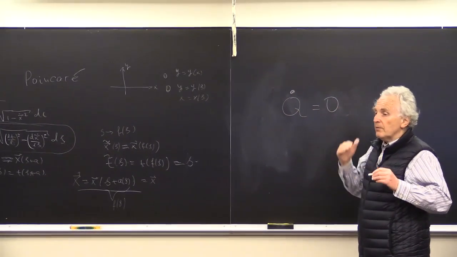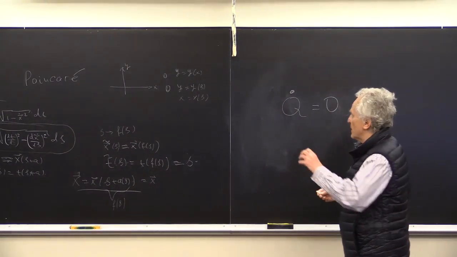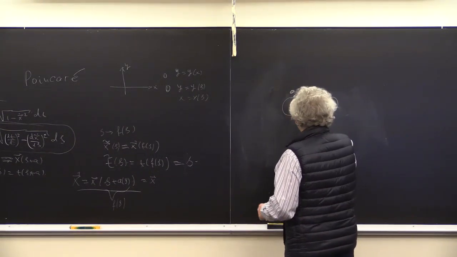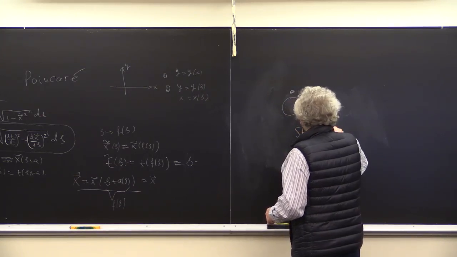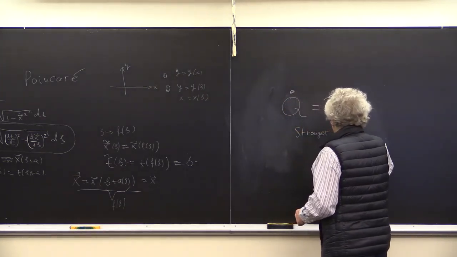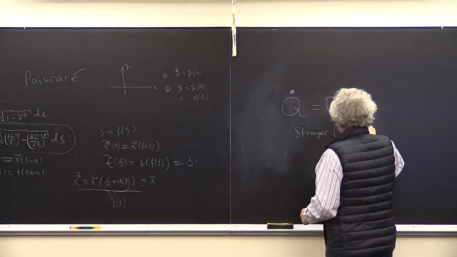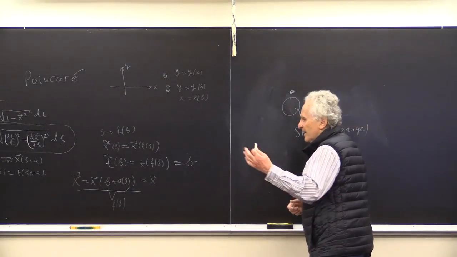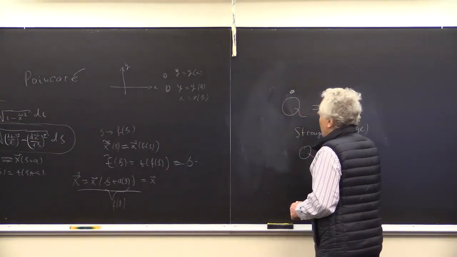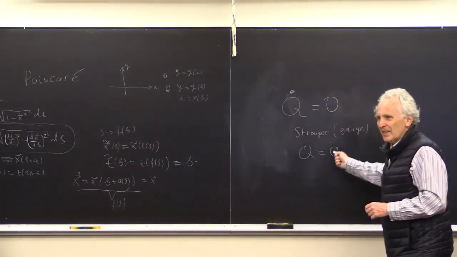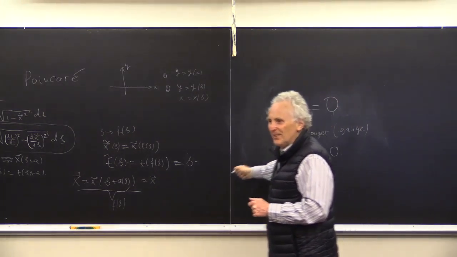Now, when you have a stronger symmetry, which is coordinate dependent, it's not that it gives no consequences. It gives you the consequence that q is equal to 0. And that's a stronger statement than q dot equal to 0.